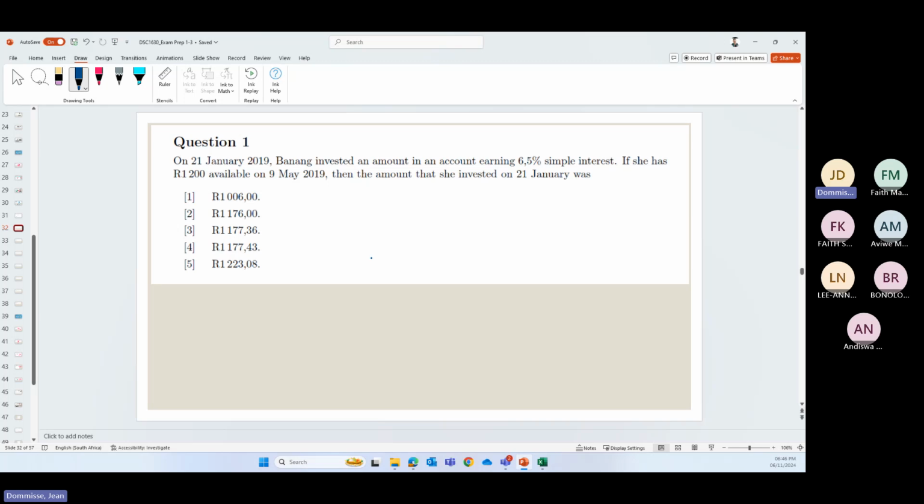So let's look at this simple interest and let's see if there is a catch, or what do we need to look at. So seems like there is a catch.